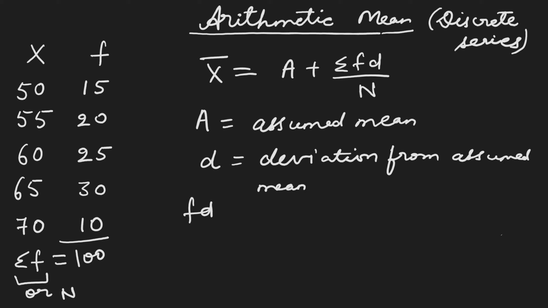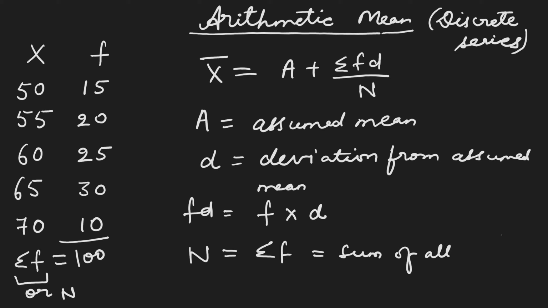And fd means this frequency multiplied by the corresponding deviation. N is nothing but summation f, means sum of all the frequencies.